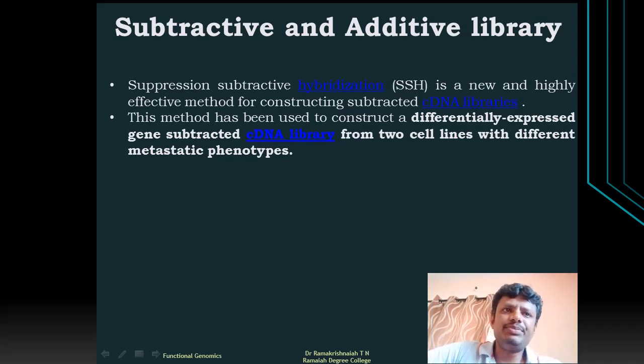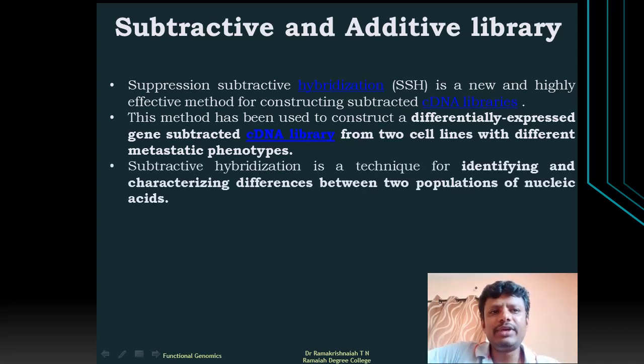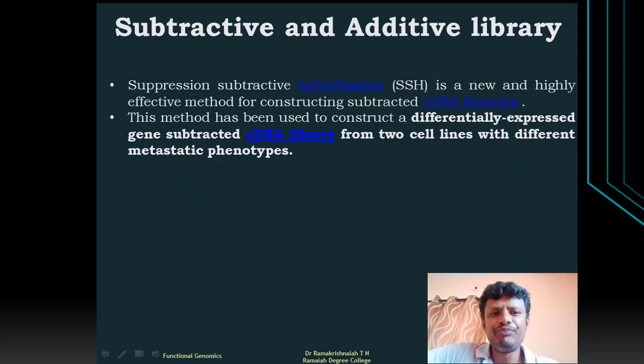This method has usually been used to construct a differentially expressed gene subtracted cDNA library from two cell lines with different metastatic phenotypes. Slightly complicated, but remember, we have two cells, one which may be caught with cancer, another one which is normal.